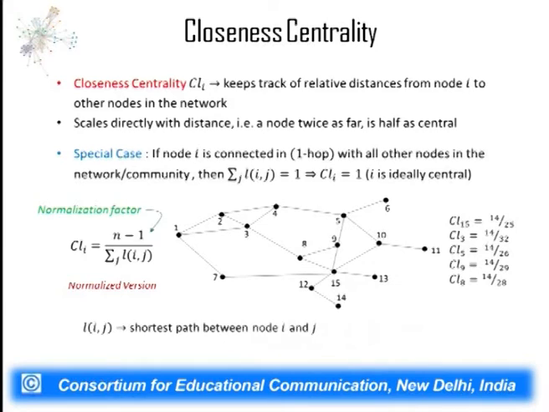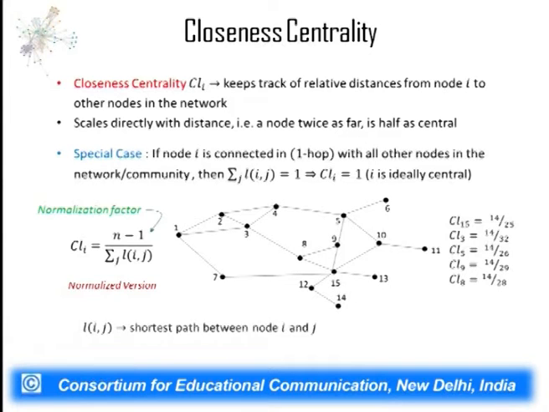Now, one important thing is why this type of normalized version is taken here, which is a little different from the degree case. This is because we have a special case in closeness centrality. What is that case?